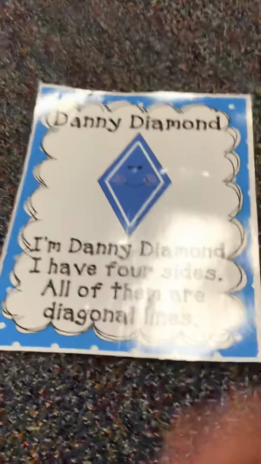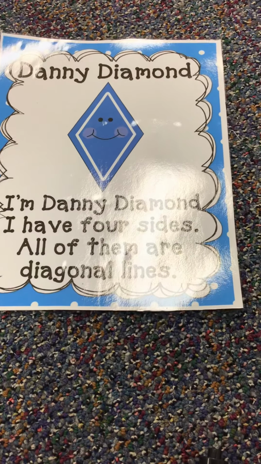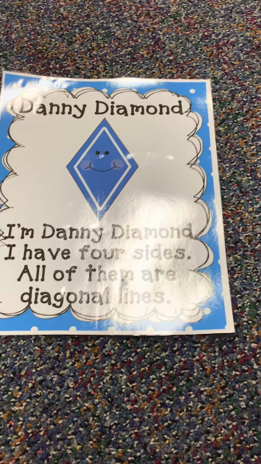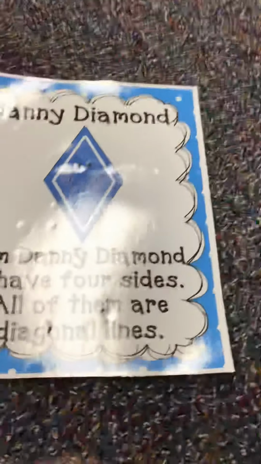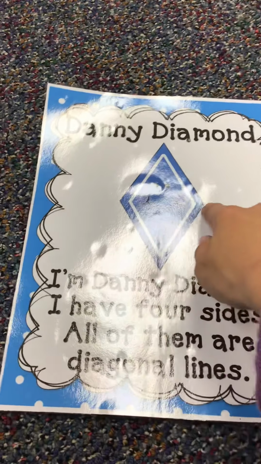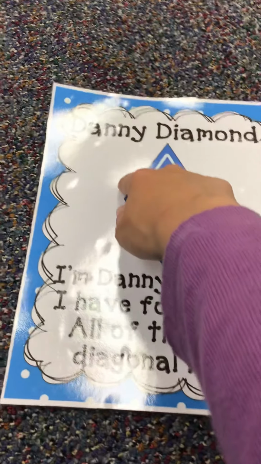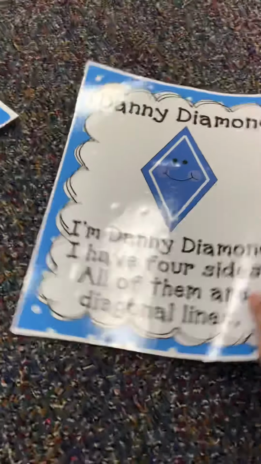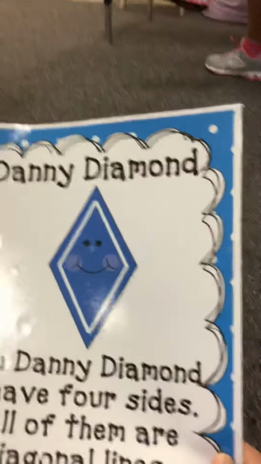We have Danny Diamond. I'm Danny Diamond. I have 4 sides. All of them are diagonal lines. So we have diagonal, diagonal, diagonal, and diagonal. This is a diamond, Danny Diamond.